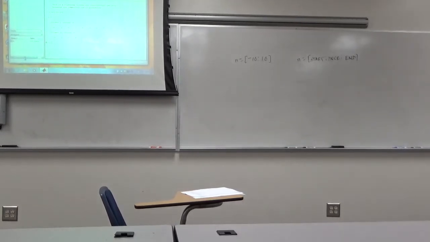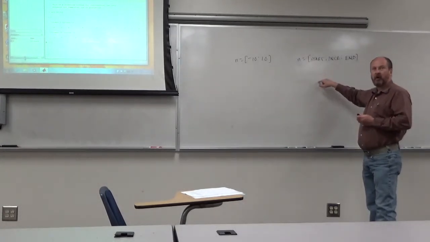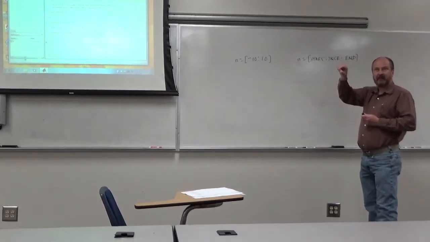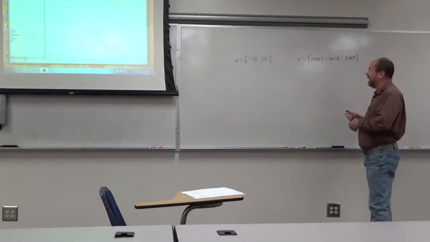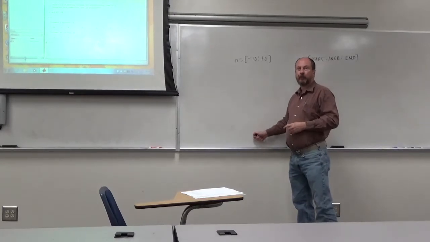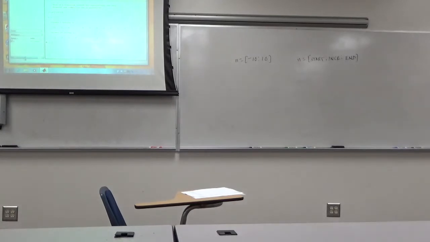It says, oh, those 2 numbers must be the start and end, and the increment's 1. So if you give it 3 arguments, I could have given it negative 10 colon 0.1 colon 10, and then it would have gone negative 10, negative 9.9, negative 9.8. Okay, if you just give it 2 arguments, and that's convenient because integers is what we need for our time index in this class. So now I've got my n variable.